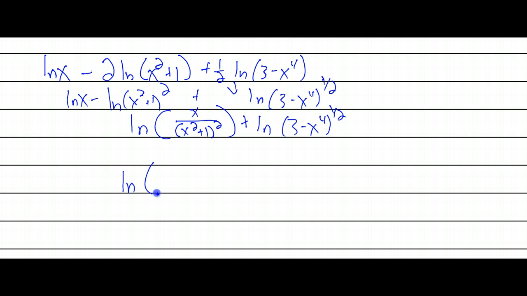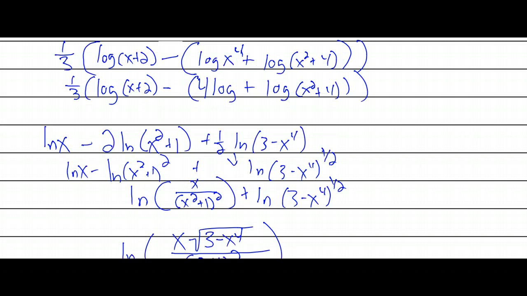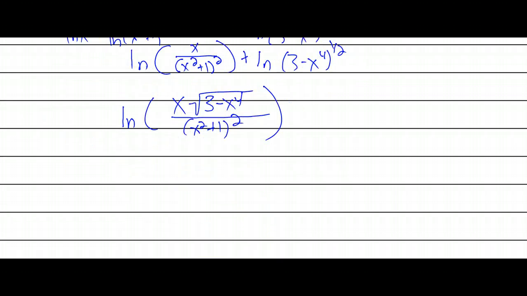So you have the natural log of x times the square root, remember 1/2 is the square root, of 3 minus x to the 4th divided by x squared plus 1, the whole thing squared. Okay, so first things first, you divide these two, and you get this, and then since you're adding the next log, it means you have to multiply the log, and that's it for number 5.